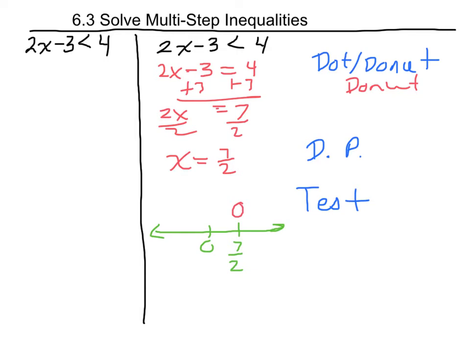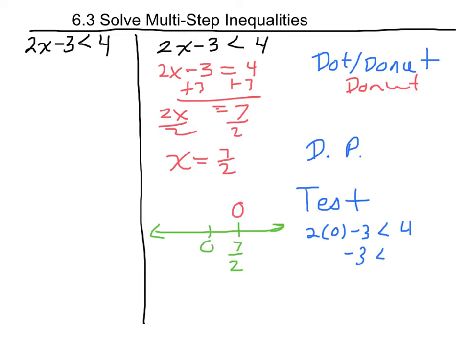All right, now I need to test my point. To test my point, I go back to the original inequality, and I plug in any number that's not 7 over 2. Remember, you can't use the dividing point. As I mentioned the other day, I'm going to use 0 a lot. So I say 2 times 0 minus 3, and now I must use the inequality symbol that I started with, so it's less than 4.